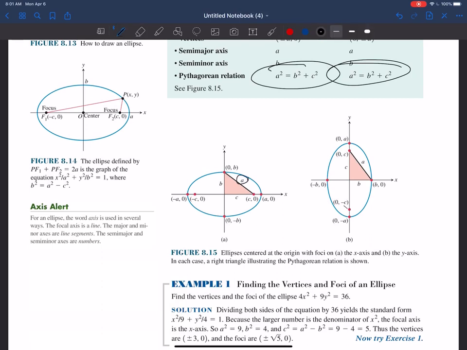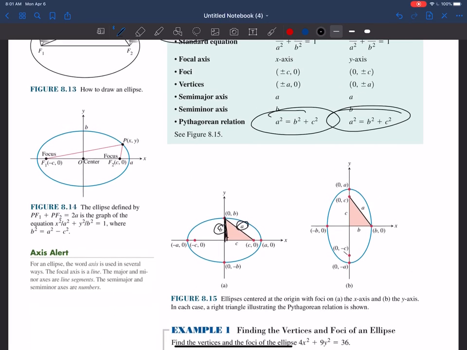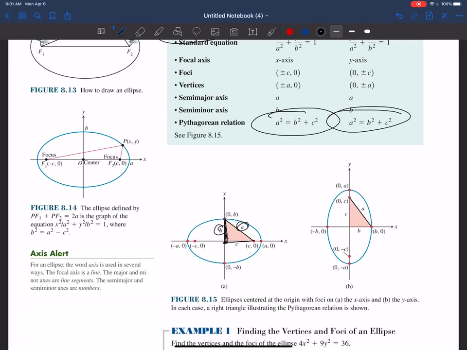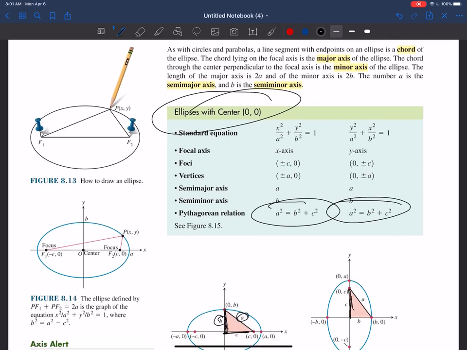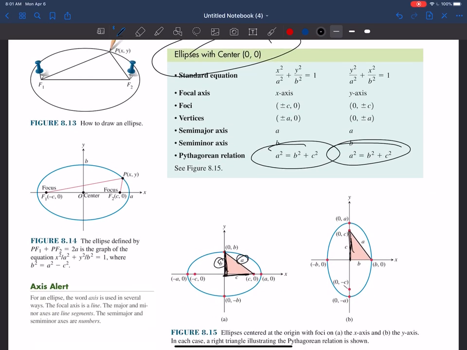A is always going to be the hypotenuse, b is always going to be the semi-minor axis, and then c is going to be the distance between the center and the foci on both. As you can see, you have two foci, always one on the left, one on the right if it's horizontal, or one going up and one going down if you're vertical.